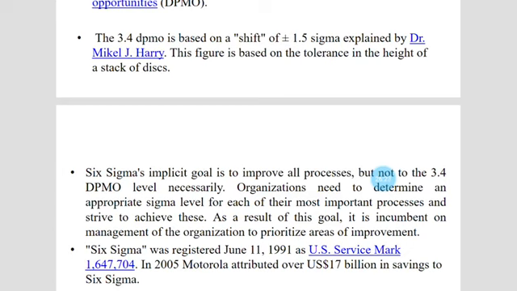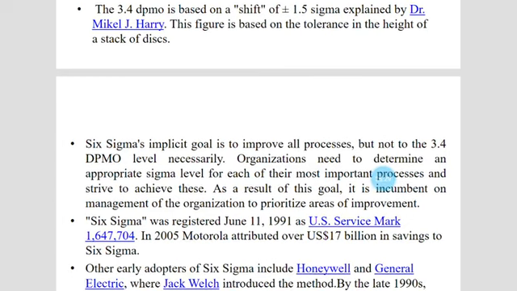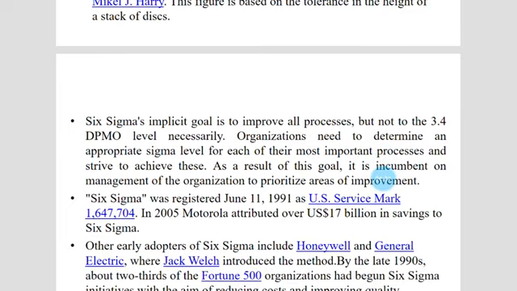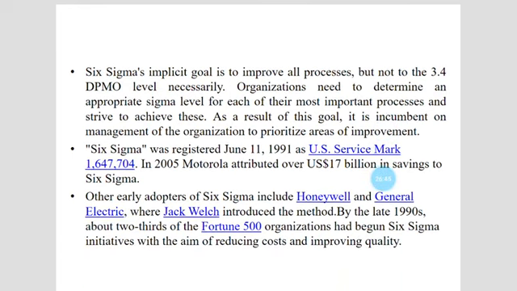The Six Sigma implication is that the goal is to improve all processes, but not necessarily to the 3.4 DPMO level. The organization needs to determine an appropriate sigma level for each of its most important processes and strive to achieve this. As a result of this goal, it is incumbent on management to prioritize areas of improvement.